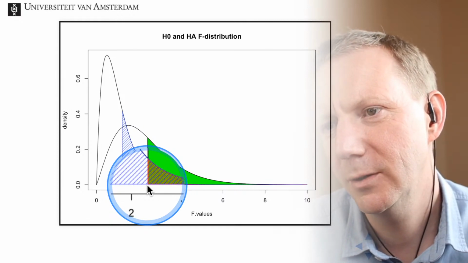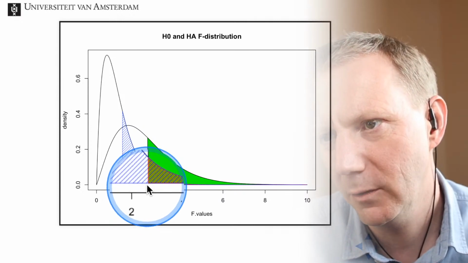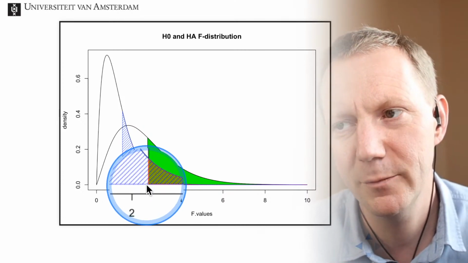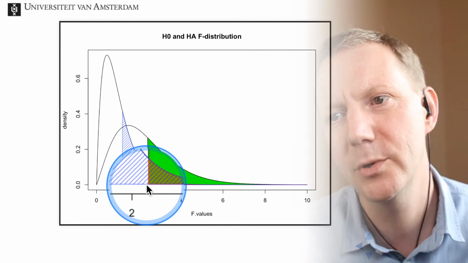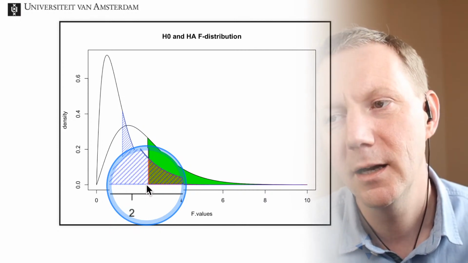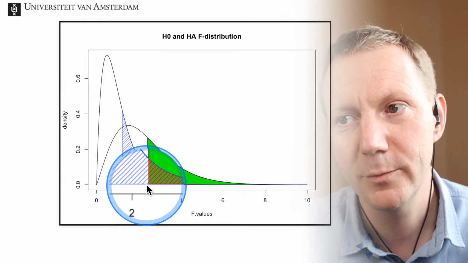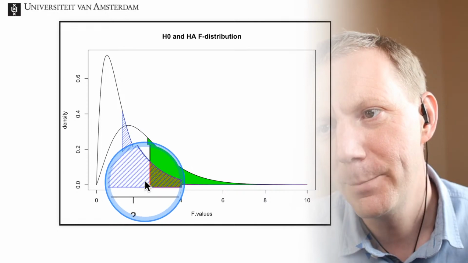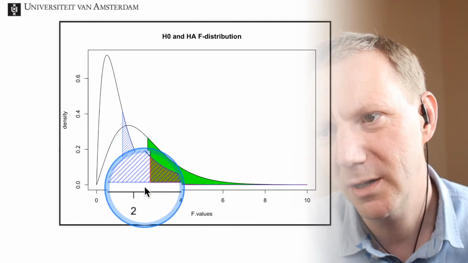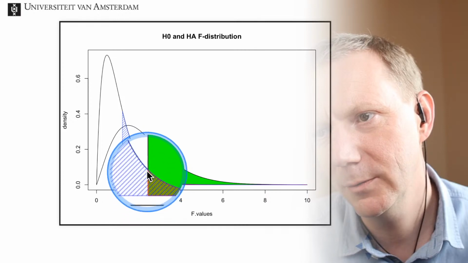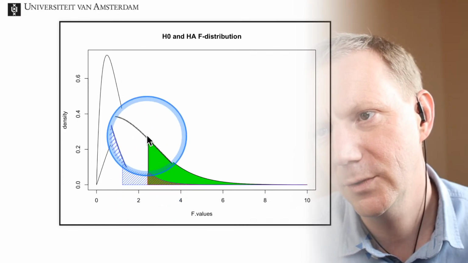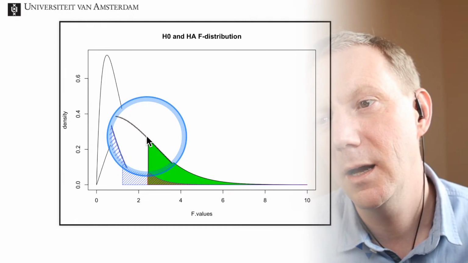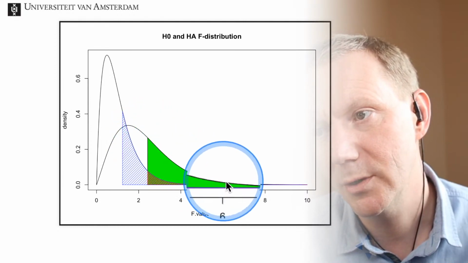Yeah. So the fact that our critical value is here is because we chose an alpha of 5%, and this 5% is shown under the null distribution, and the area under the null distribution of that 5% stops exactly at the critical value. So our power starts at the critical value, and it's the probability under the alternative distribution.